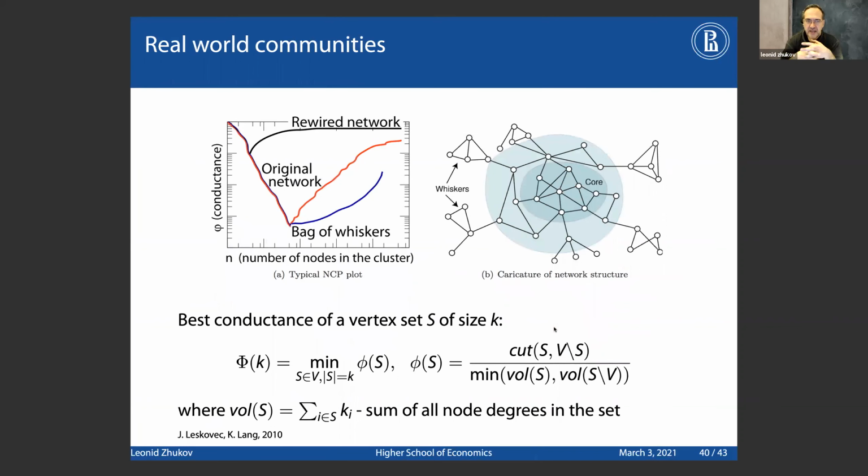Now, if we go back to real-world networks, there's this interesting paper by Jure Leskovec and Kevin Lang in 2010, where they analyzed real-world social networks. I think this was from either Microsoft Messenger or Yahoo Graph. Remember we looked at metrics like normalized cut, and one of the metrics was conductance.